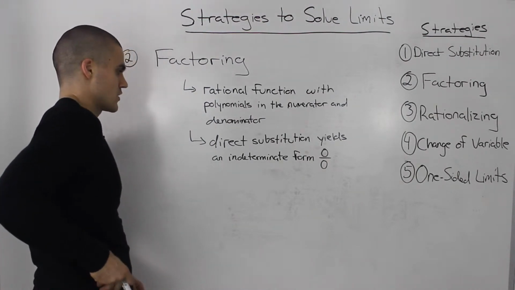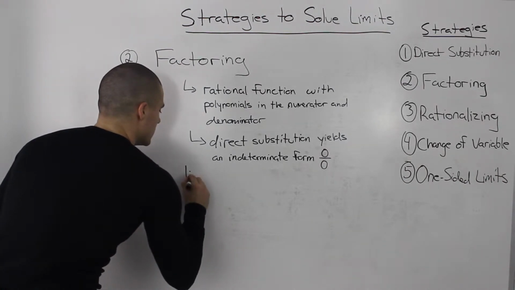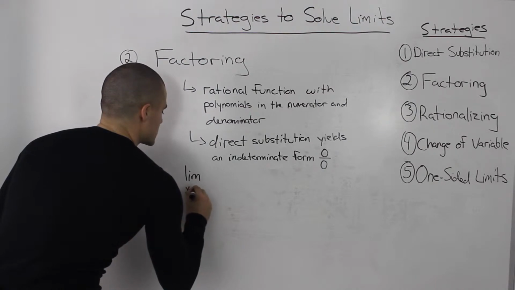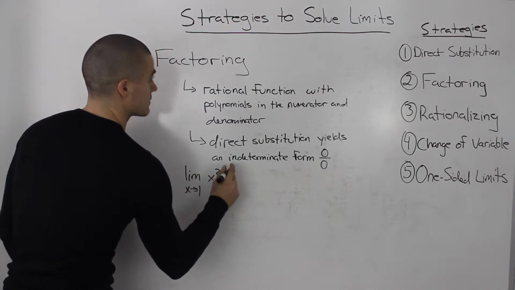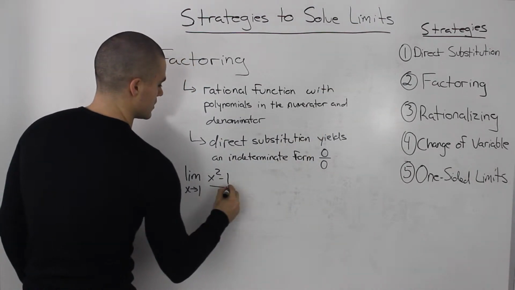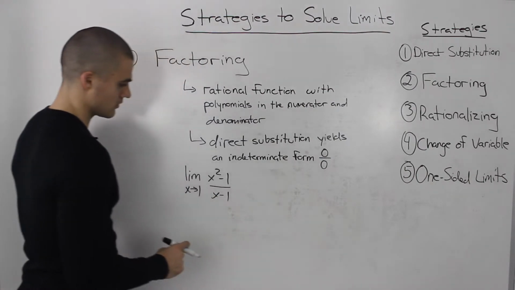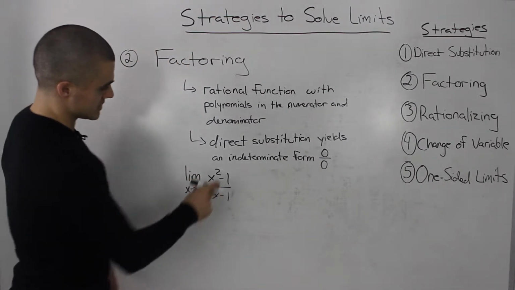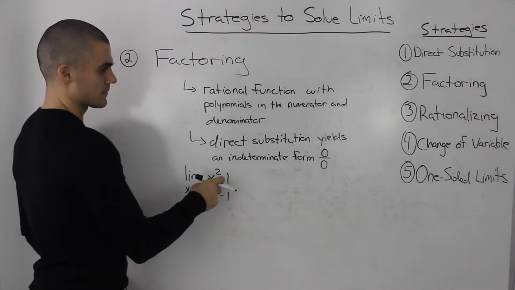So, for example, let's say that we got the limit as x approaches 1. This is actually the same limit that we used for the last example in direct substitution, x squared minus 1 over x minus 1. So as you can see, it's a rational function with polynomials in the numerator and the denominator.